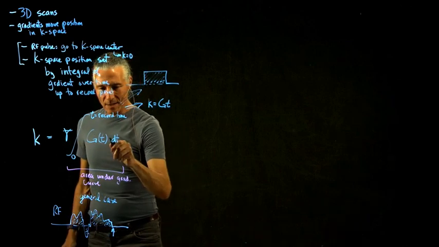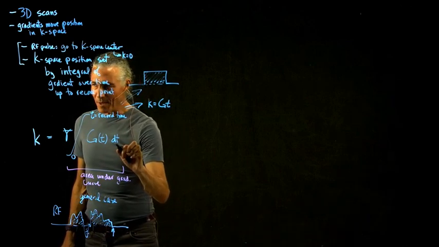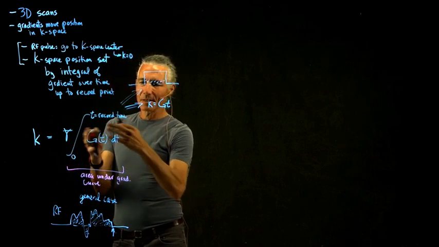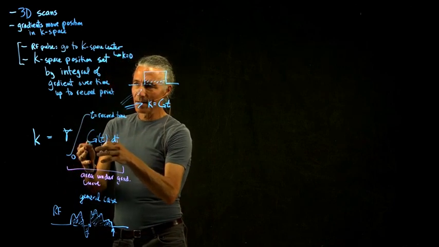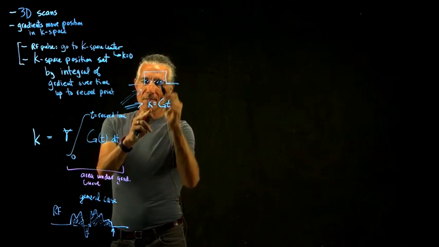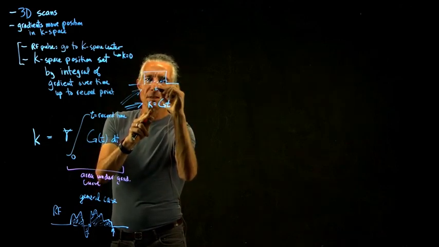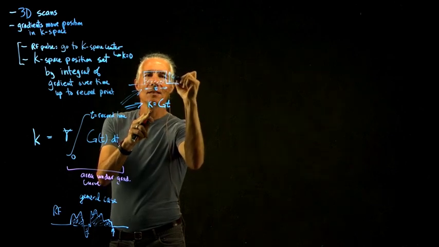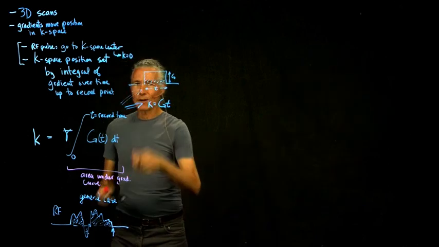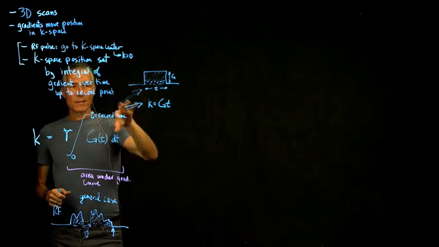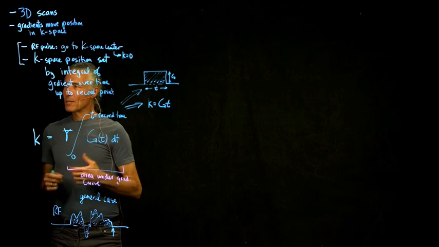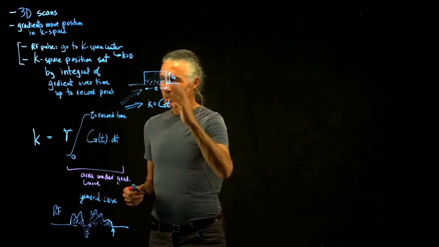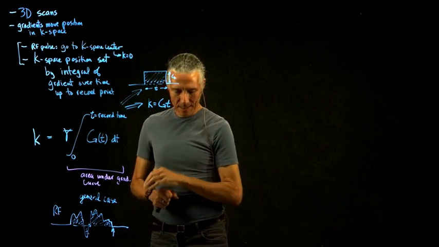You can see it here, because here's the little tiny bit of time that we're summing across. This integral will just boil down to, here's t, and the area under the curve is basically just g times t. The area of that gradient corresponds to the place you get to in K-space.